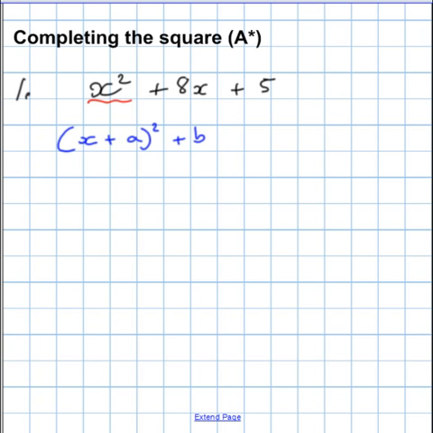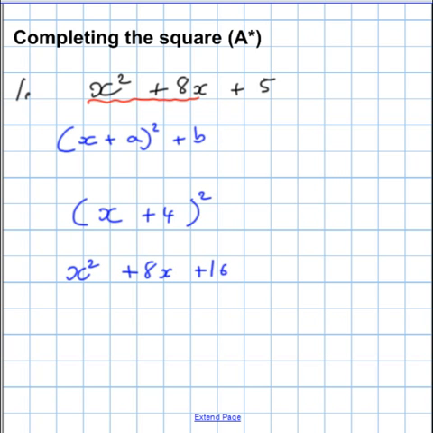Let's look at the first two terms of the expression, x squared plus 8x. If I have (x plus 4) in a bracket that's squared, I would get x squared plus 8x plus 16.